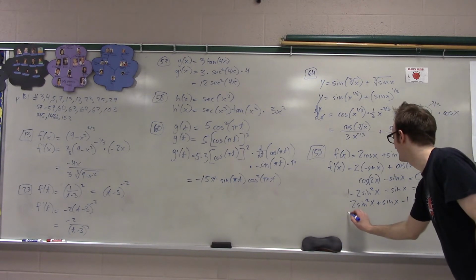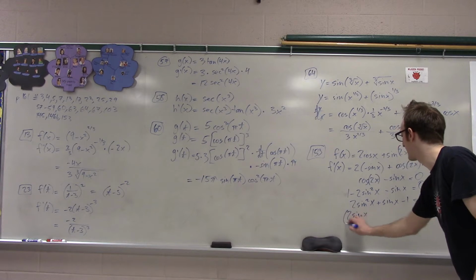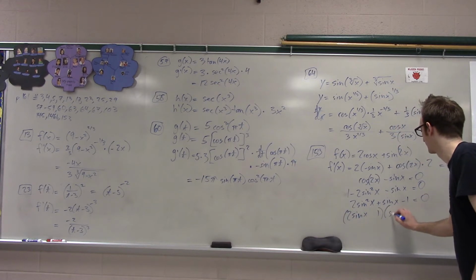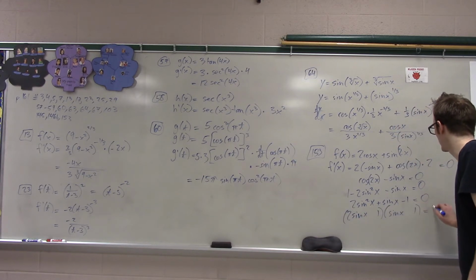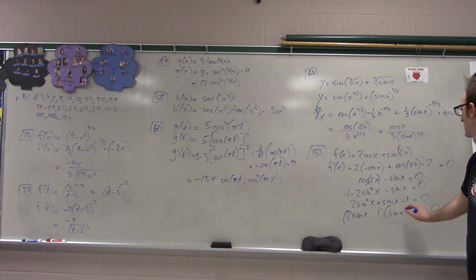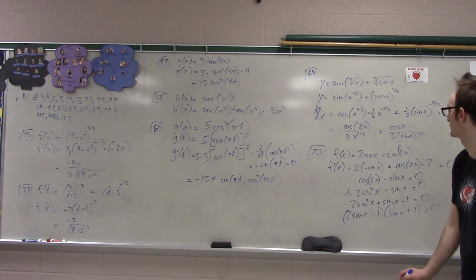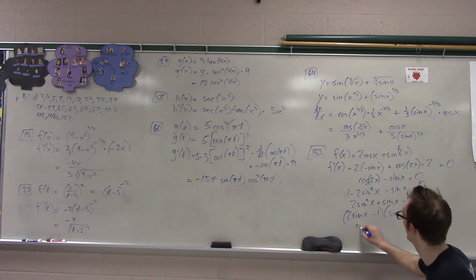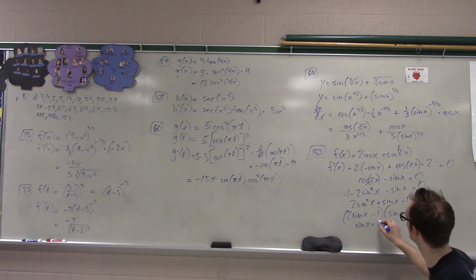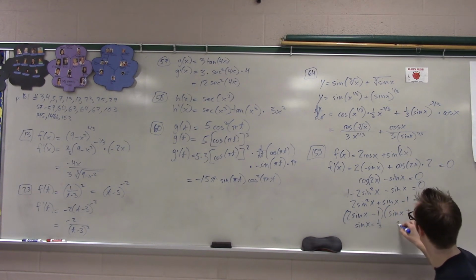And hopefully that factors as 2 sine x minus 1 times sine x plus 1. I believe it does. Let's check. So this is going to happen whenever sine x is 1/2, or whenever sine x is negative 1.